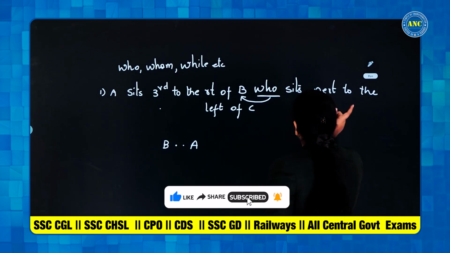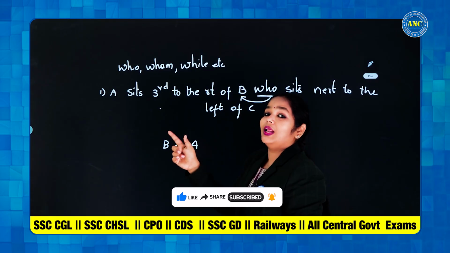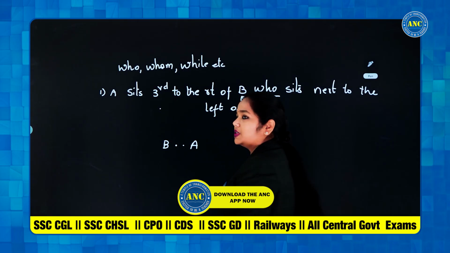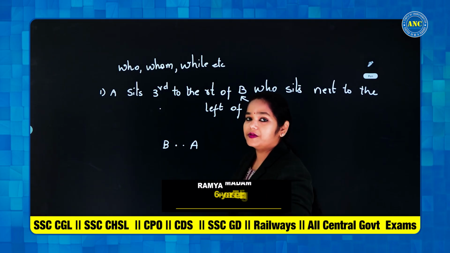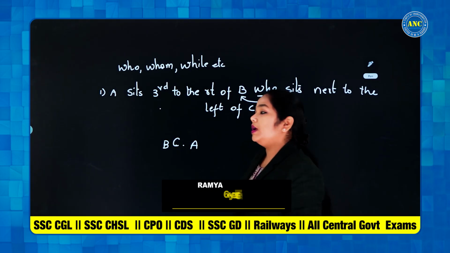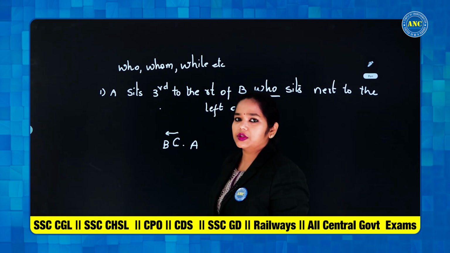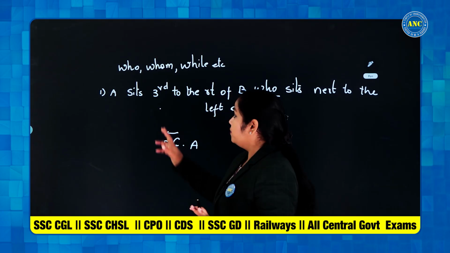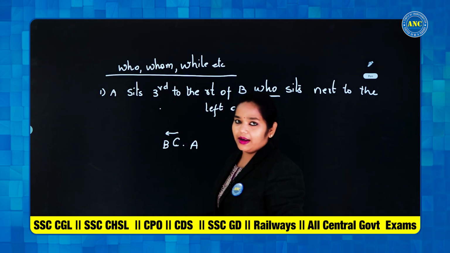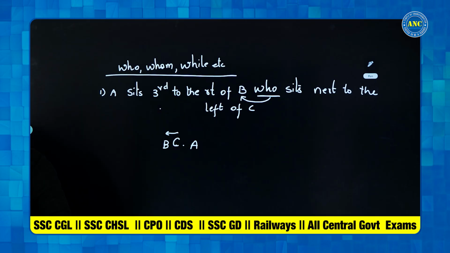Who sits next to the left of C means B is sitting next to the left of C. What does that mean, next to the left of C? Or they can say immediate to the left of C. Immediate to the left of C is also correct. You have to be watchful for the words in the paragraph given. Very important.